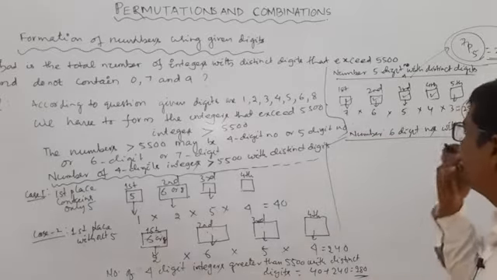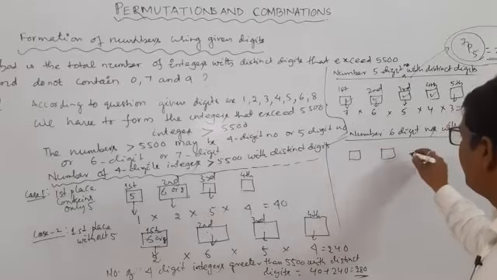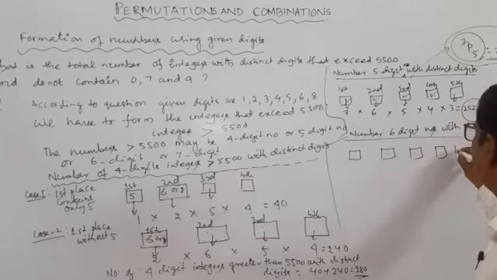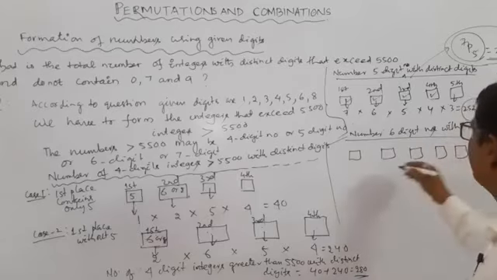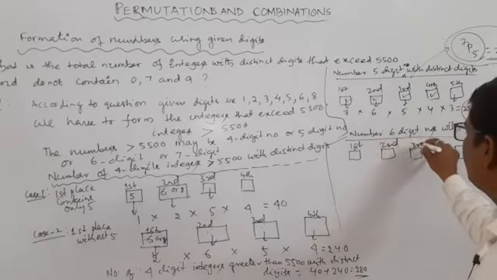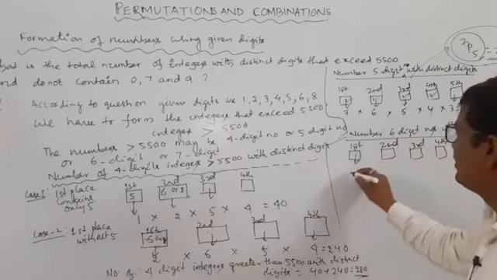Directly you may write 7P6, or by the fundamental principle, there are first, second, third, fourth, fifth, and sixth places. The first place can be filled in 7 ways.